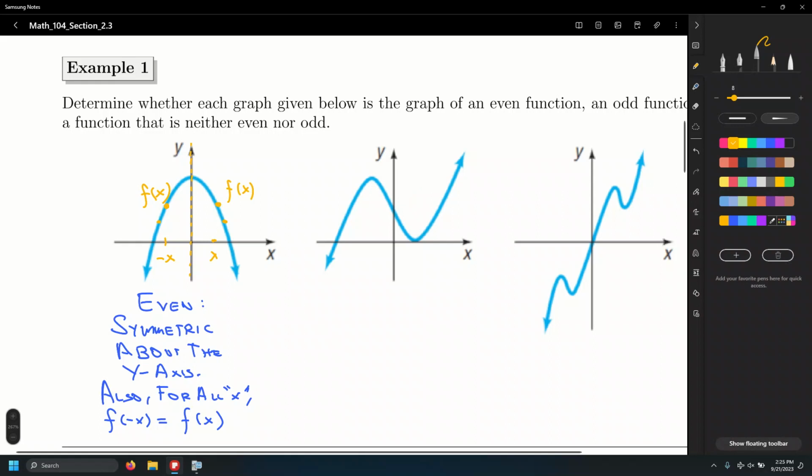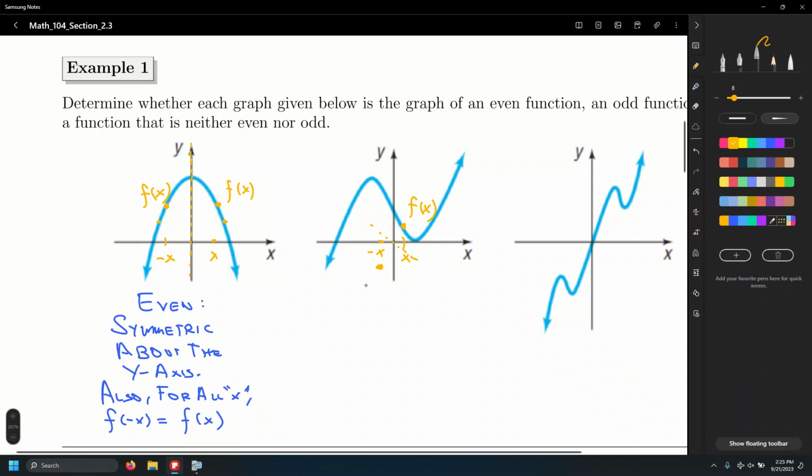Well, in this case, if I choose this point right here, let me call it x, that's going to give us some y value, some function value f of x, which we usually call y. Now, if I go towards the negative side, that's negative x, technically I should have this point reflected about the origin.